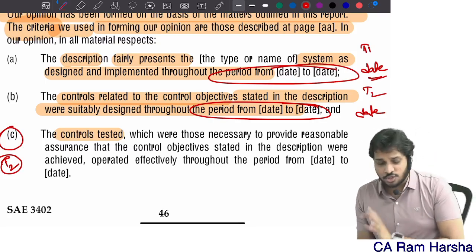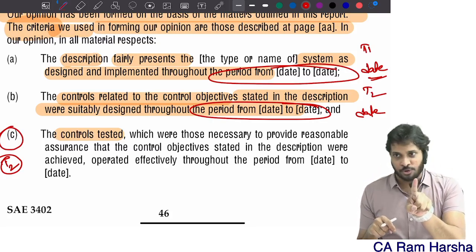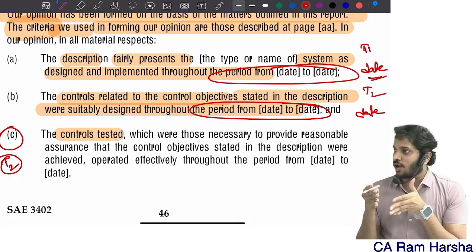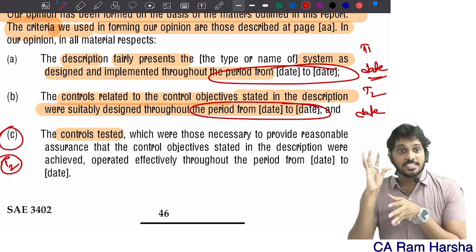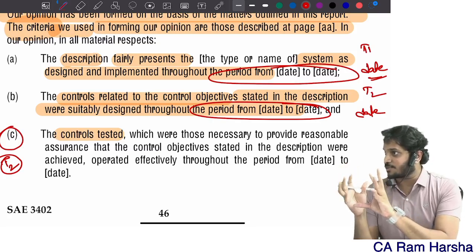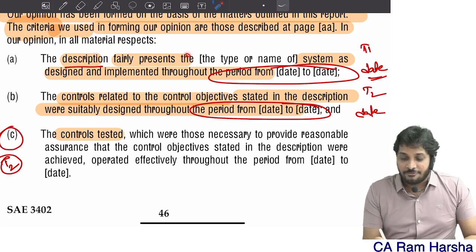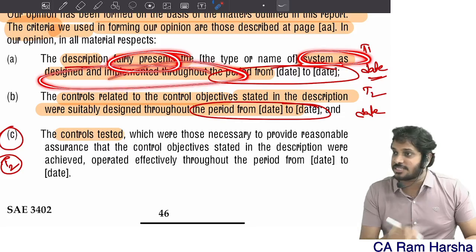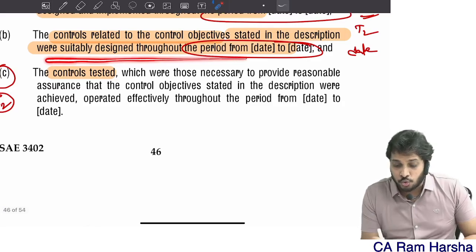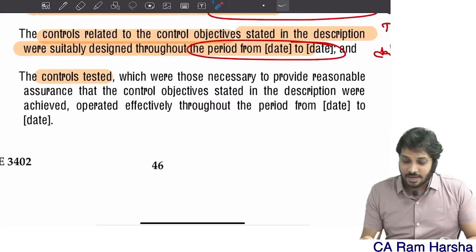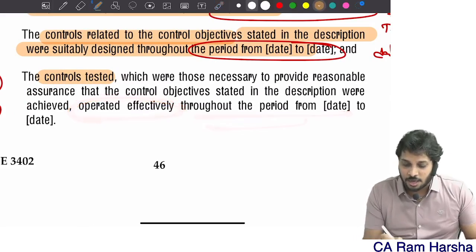Understood? So, the auditor, which by the way, I am reading which audit report? Service auditor's report. Service auditor is giving opinion on description of system that is given by the management, where the system is designed and given as a description based on some criteria. Yes or no? Whether the description fairly presents the actual system designed and implemented, whether controls related to the objectives are suitably designed or not, whether the controls tested are operating effectively throughout the period or not.